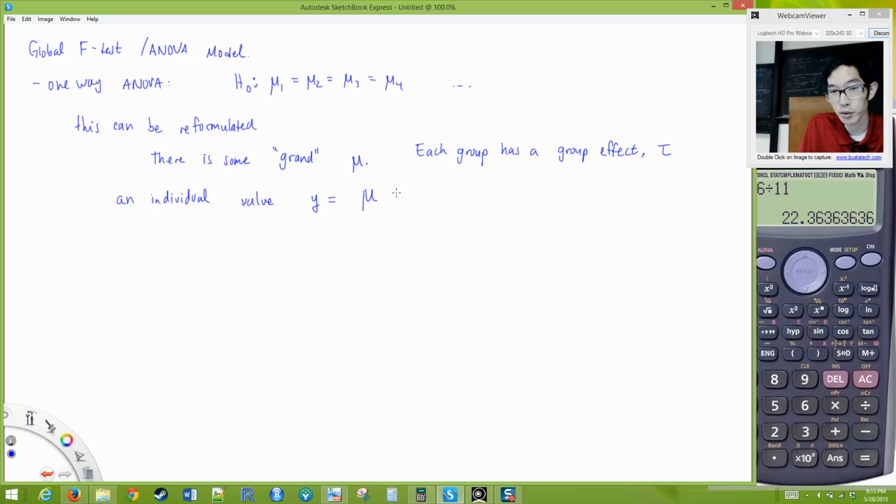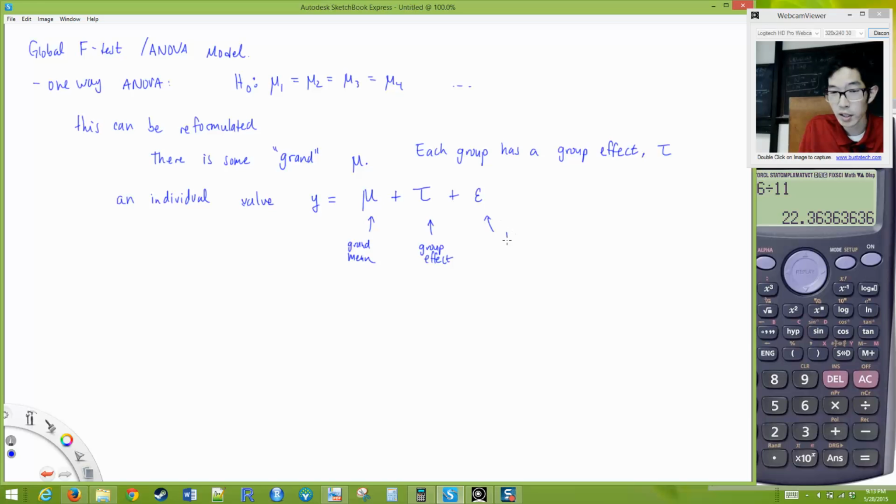So this is the grand mean. This is the group effect. And this is an individual difference.